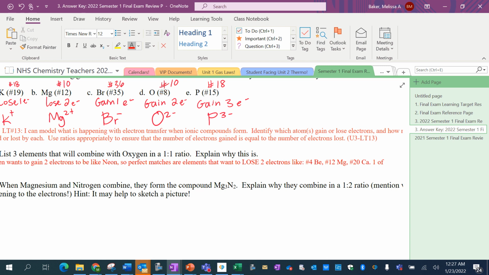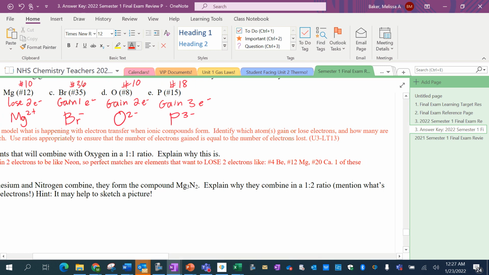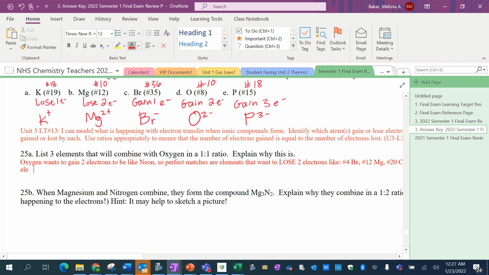One of these group 2A elements would satisfy 1 oxygen atom in an ionic bond. -2 plus a +2 equals 0. Neutral.